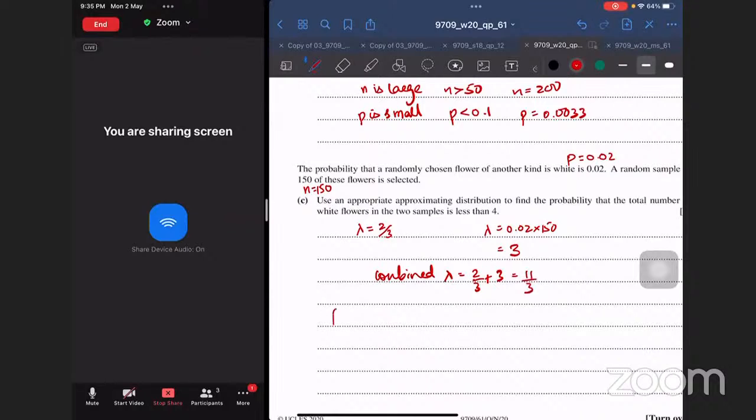And I'm asking you to find the probability that it is less than 4. So I'm asking you to find the probability of 0, 1, 2, and 3.